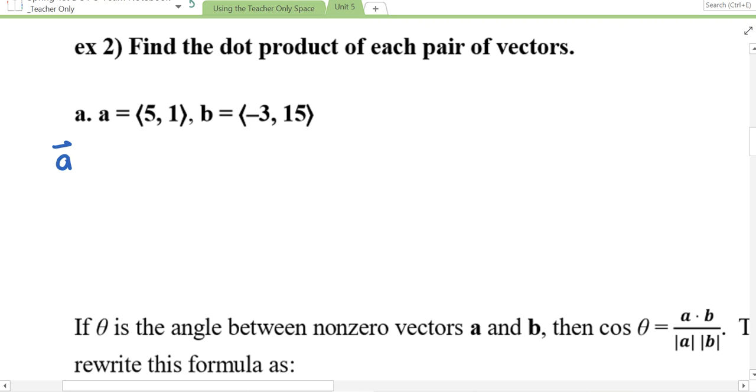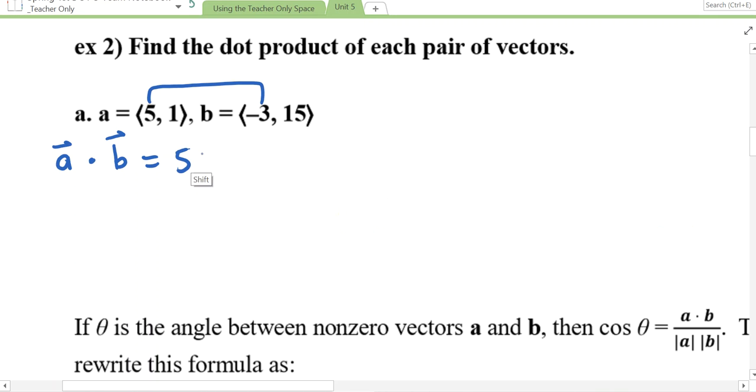It's easier for us to write a little mark on top to indicate it's a vector. And the dot tells us that's not a multiplying. When you're talking about vectors, it's a dot product, which is that operation we just did. And we're just going to multiply the x's.